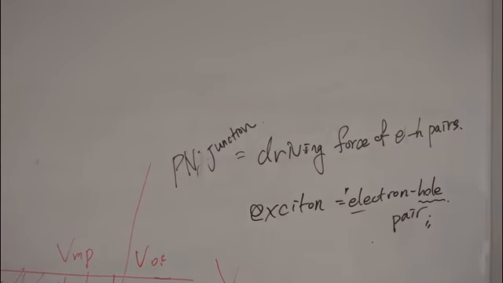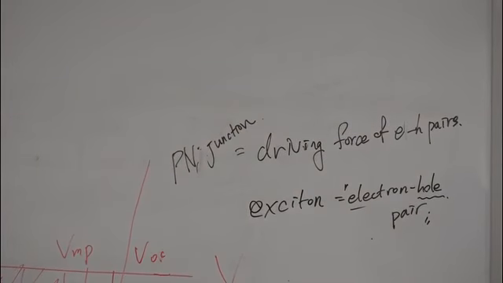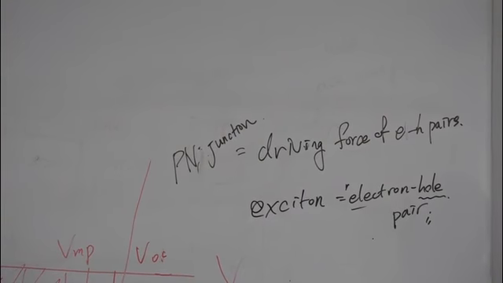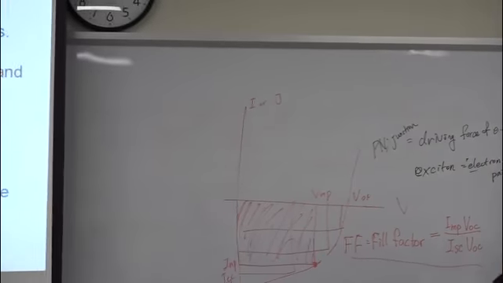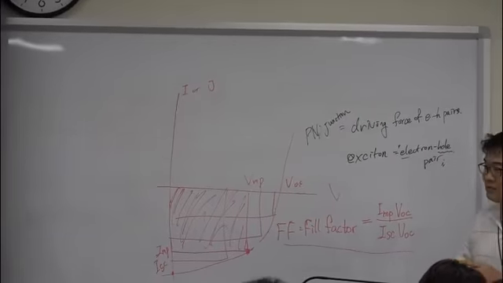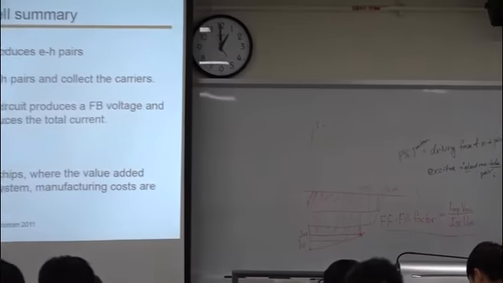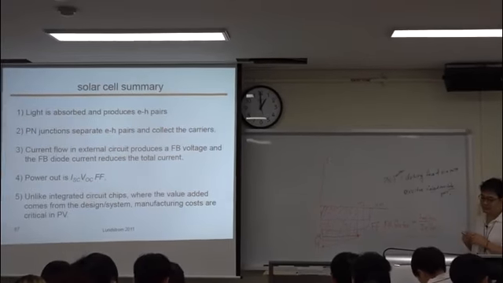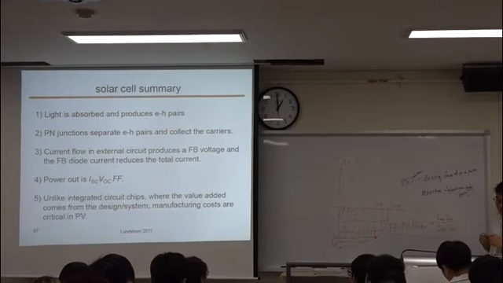So the energy diagram, the energy levels present in the p-n junction, will be the driving force for the electron-hole pairs.